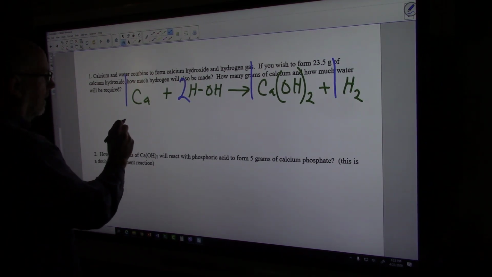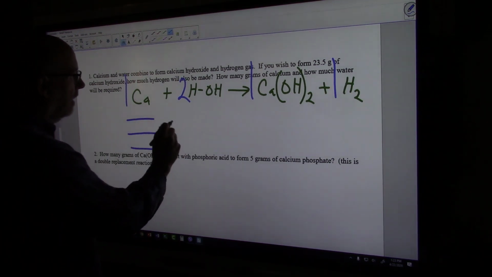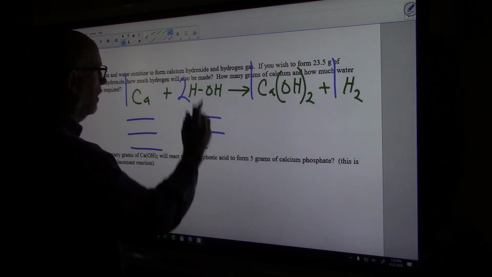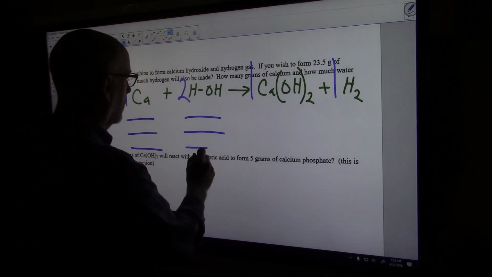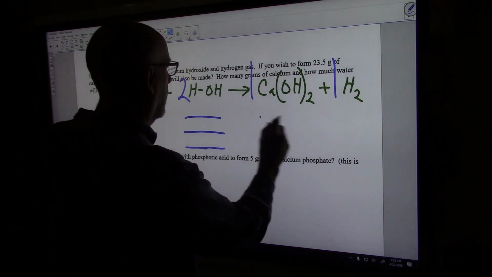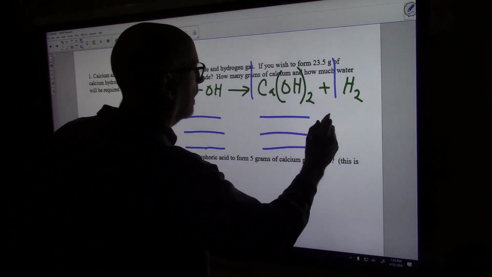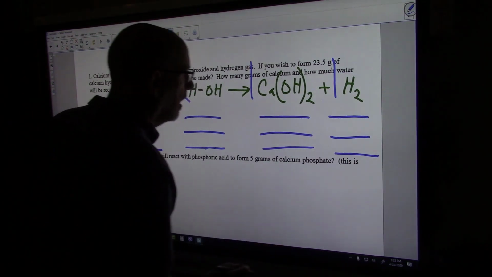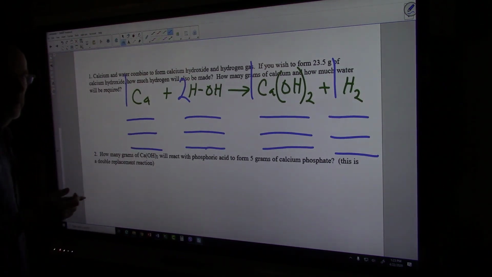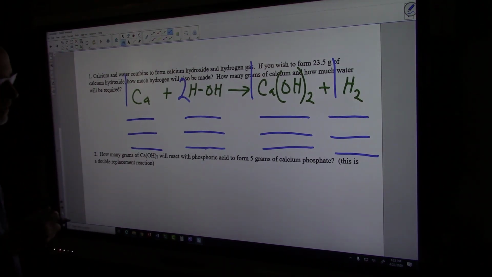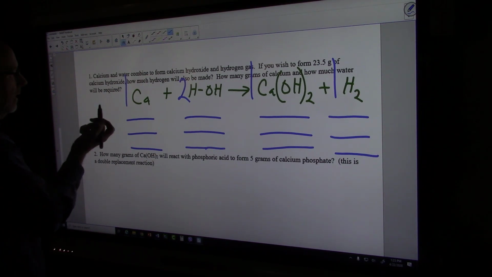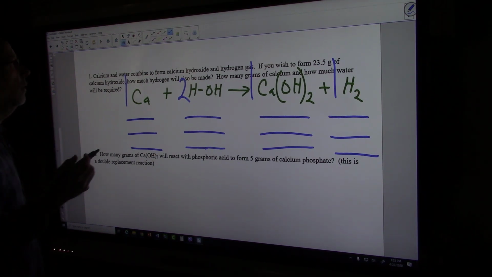Now I need line, line, line, line, line, line, right underneath this. And line, line, line, and line, line, line. The labels for these, I guess I should be consistent, but I'm usually not. I know I need grams, I know I need moles, and I know I need molar mass.